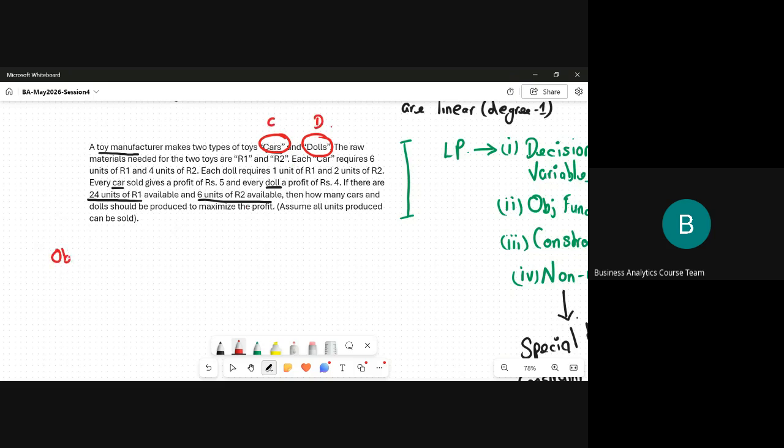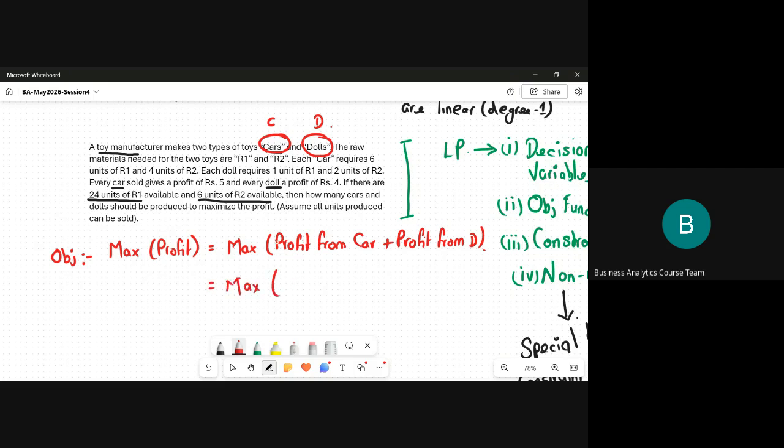What is my objective? My objective is to maximize profit. And what is maximize profit? It is nothing but maximize profit from car plus profit from doll. For every car that I sell, I get a profit of 5. For every doll that I sell, I get a profit of 4.